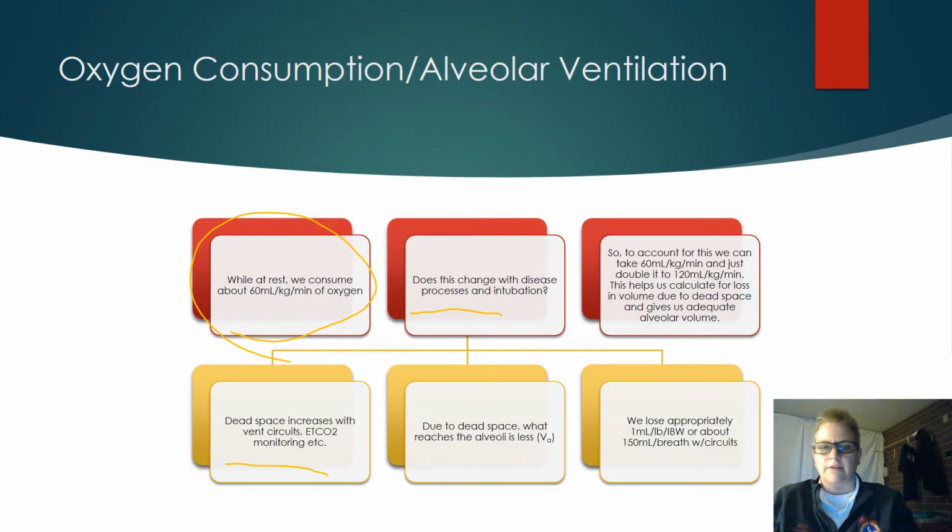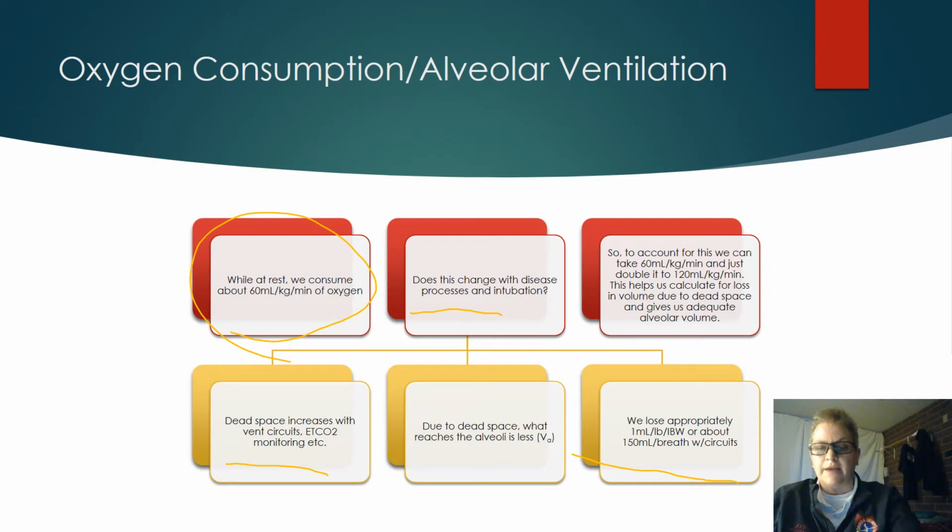We just talked about this. We lose about 1 mil per pound of ideal body weight, or about 150 mils per breath, with our circuits and with our ET tubes. That's a lot.